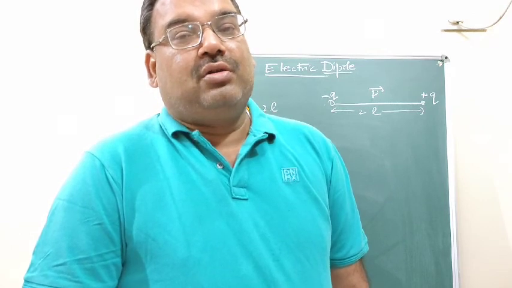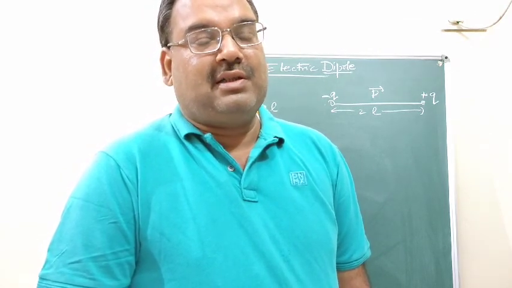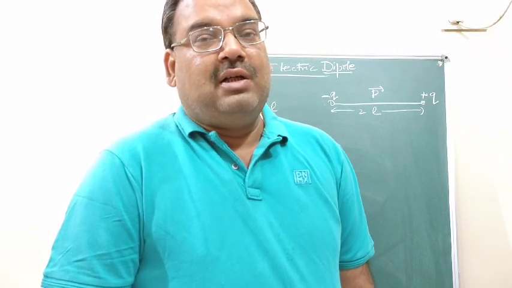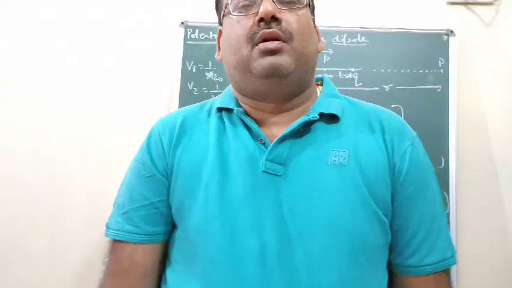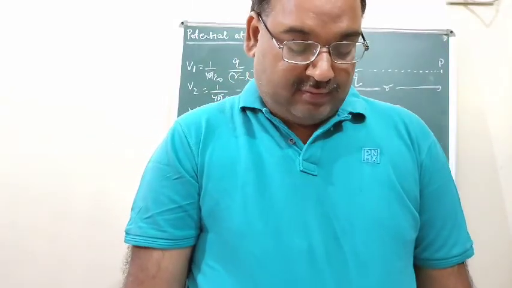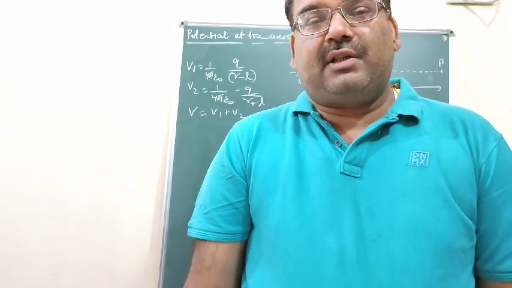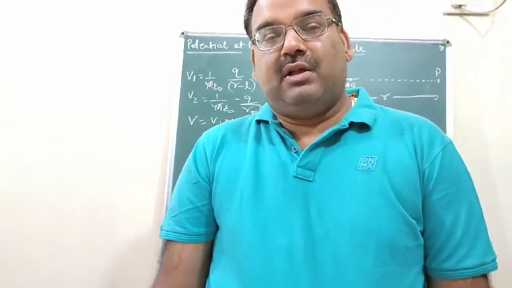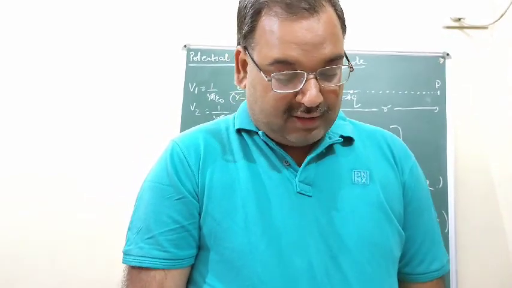Okay, so along the axis or along the perpendicular bisector, we will find out the electric potential due to an electric dipole. So, we will start with the point along the axis of the electric dipole. We will find out the electric potential at a point on the axis of the dipole.